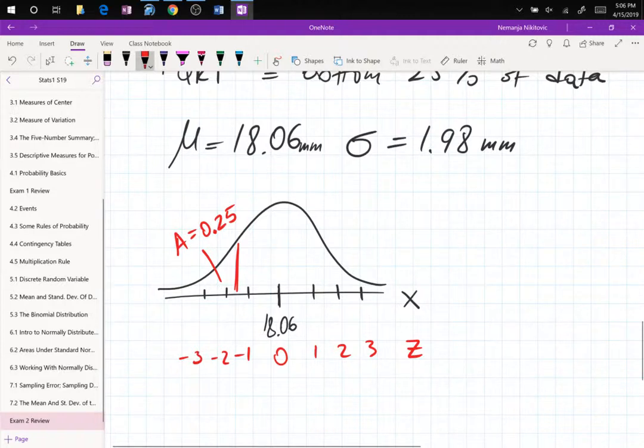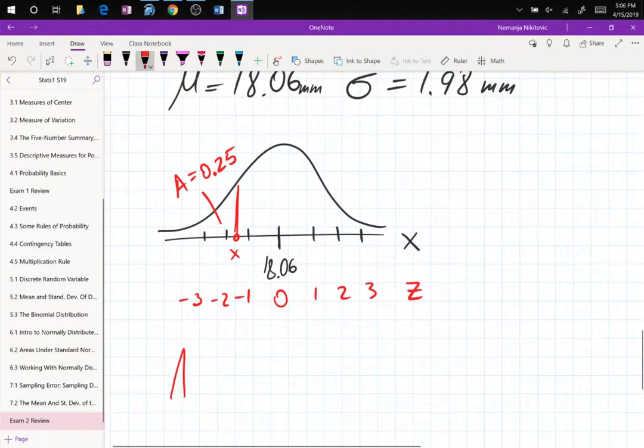So now we can find the x value. Area will give us the z value, and z value will give us the x value that we are looking for.